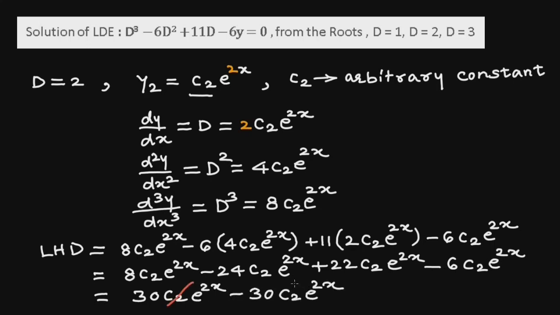After cancelling, it will be 0, which is the right hand side. Since left hand side equals right hand side, c2 e raised to 2x is a solution of the given linear differential equation.